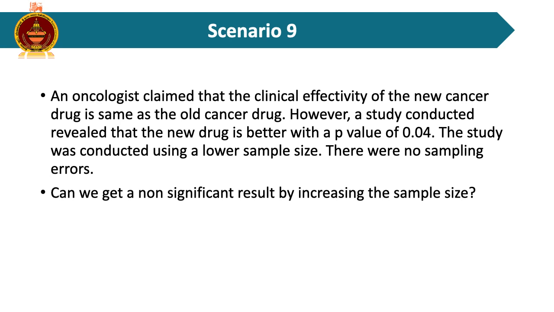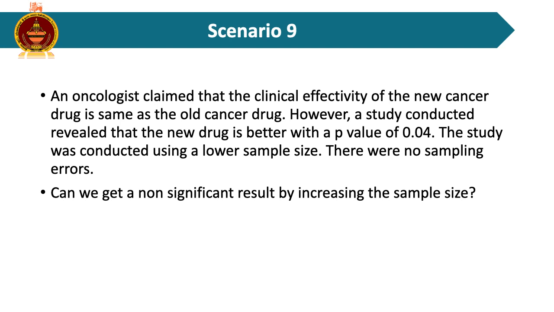Now, the other thing is they claim that the study was conducted using a lower sample size. Many researchers think that we can get this expected non-significant result by increasing the sample size. But here it's clear that there were no sampling errors.